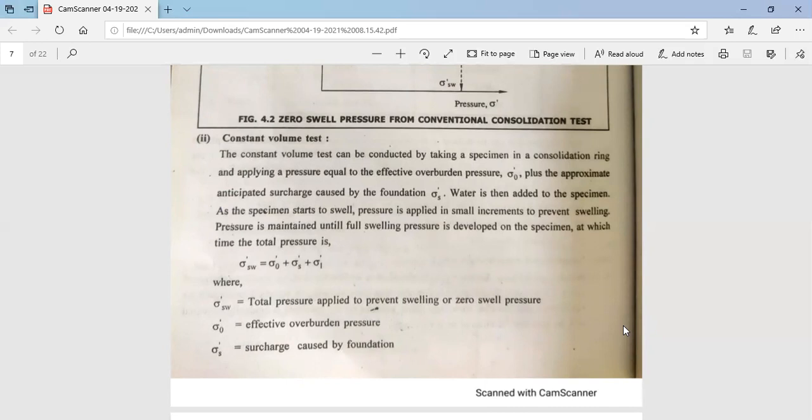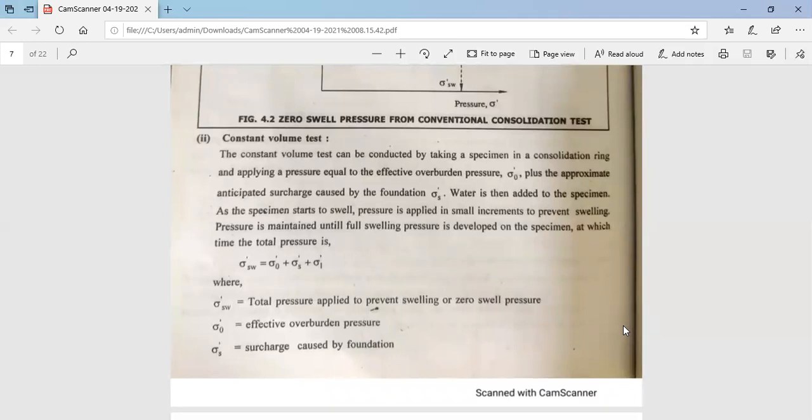Pressure is maintained until full swelling pressure is developed on the specimen, at which time the total pressure sigma dash SW is equal to sigma dash 0 plus sigma dash H plus sigma dash L. Sigma dash SW is the total pressure applied to prevent the swelling, or zero swell pressure.